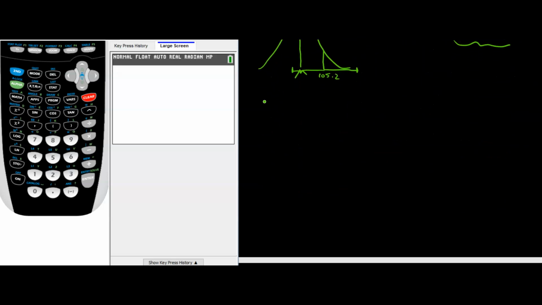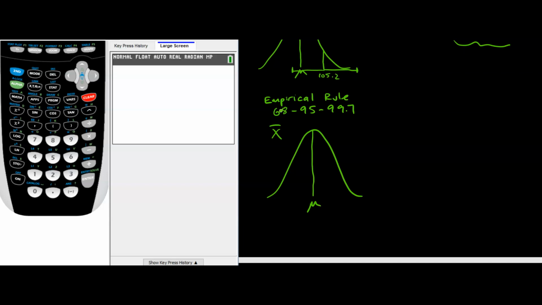So let me remind you of the empirical rule, and that rule was also known as the 68, 95, 99.7 rule, and it said that when you have an approximately normal distribution, which again we know that our x bar distribution is approximately normal because we satisfied the central limit theorem, we know that 68% of our data in an approximately normal distribution is within 1 standard deviation of the mean, 95% within 2, and almost all of your data is going to be within 3.